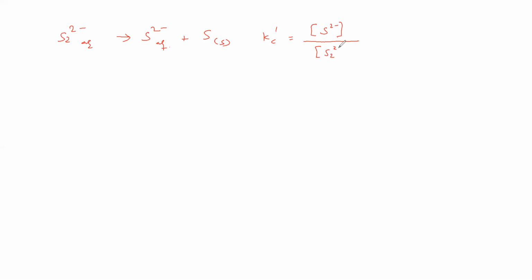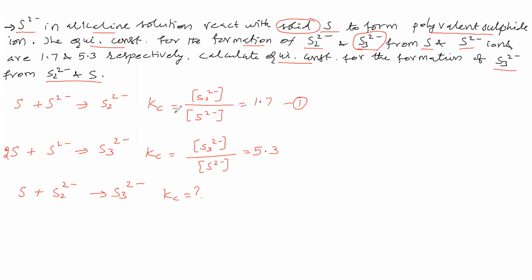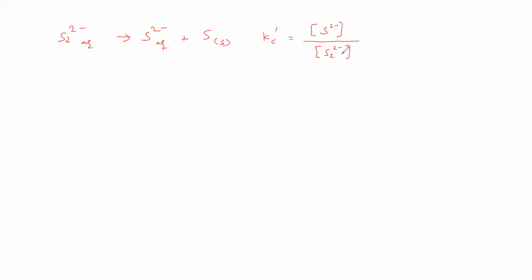In the earlier Kc, S2 2 minus is in the denominator.